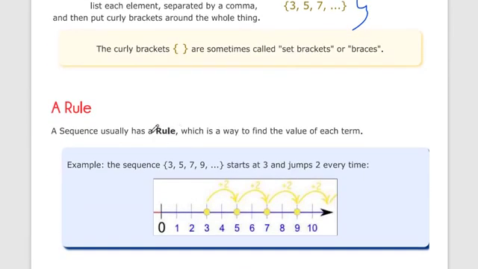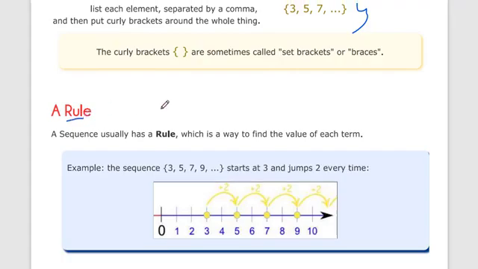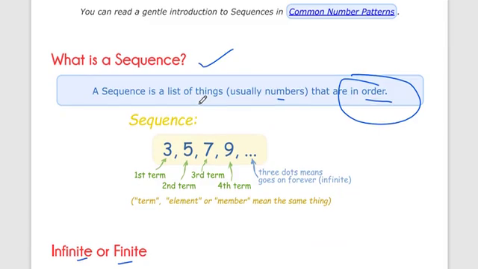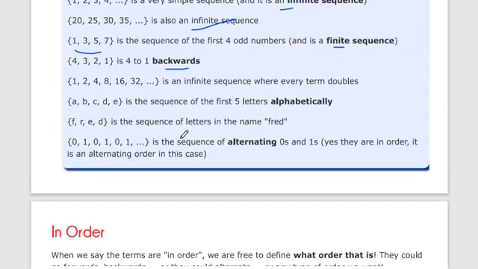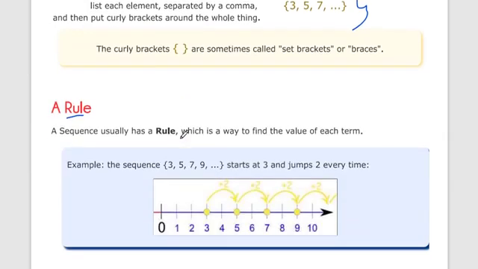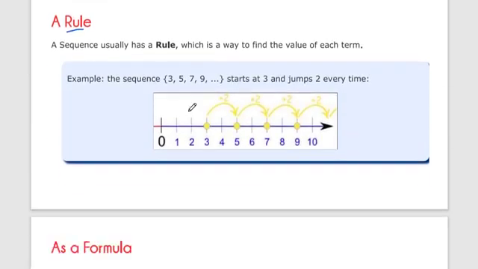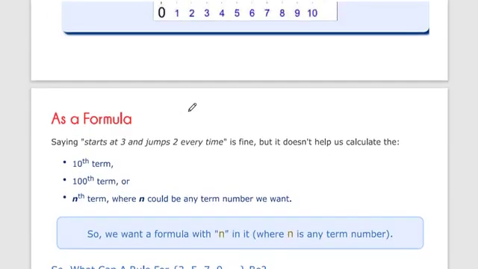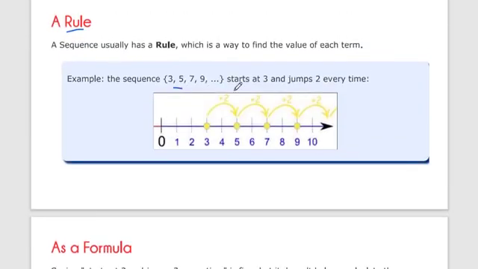There are sequences which follow a rule. We already saw in the definition that a sequence is a list of things in order. Order means there is some rule which the sequence follows. For example, 3, 5, 7: start at 3 and jump by 2 every time.